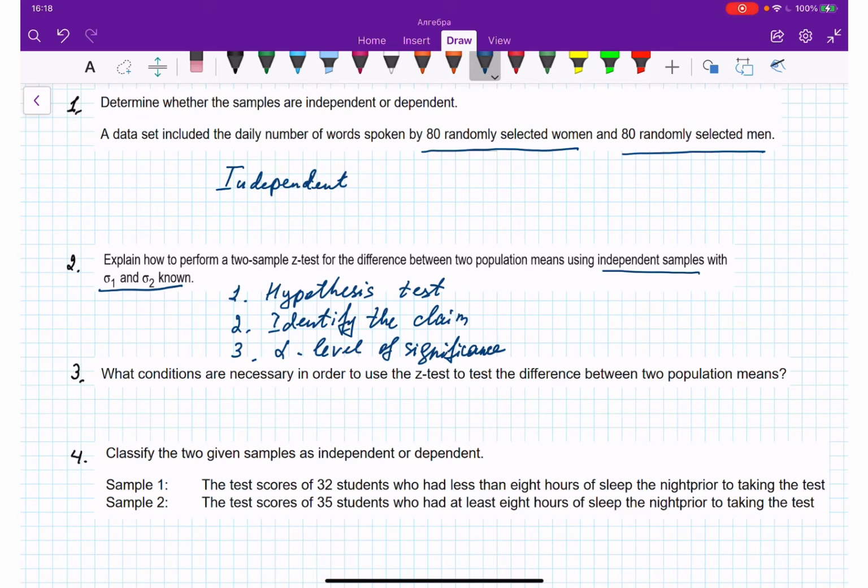What else? Based on the alpha level, we find the critical value, right? And once we find the critical value, we are going to find the standardized statistic.